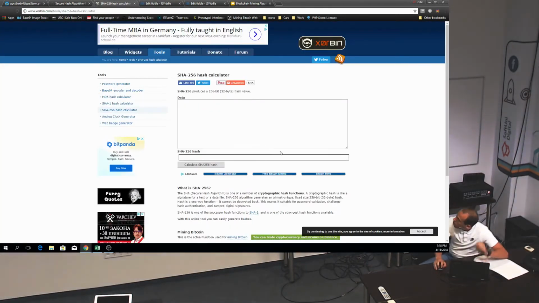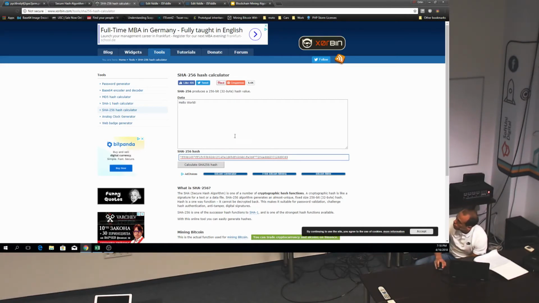Okay, here's a SHA-256 hash calculator, and we're going to see what happens if we input, for example, hello world. This is the hash applied on the input string. No matter how many times we type hello world, the final result is going to be the same.